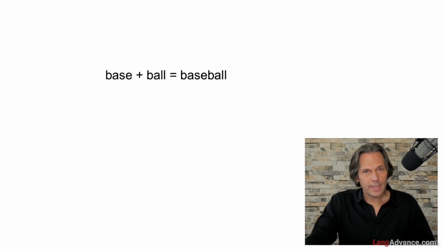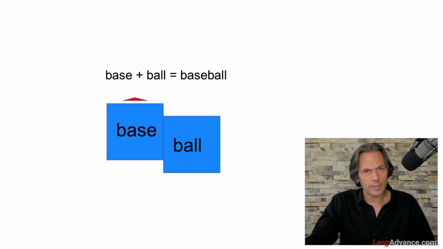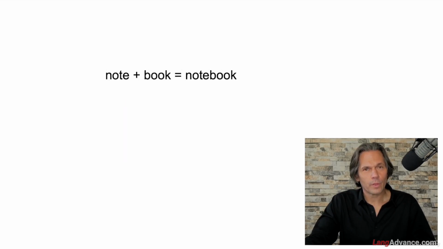The words base and ball combine to create the compound word baseball. And this is what the intonation of that word looks like. Baseball. The words note and book combine to create the compound word notebook. And this is what the intonation of that word looks like.